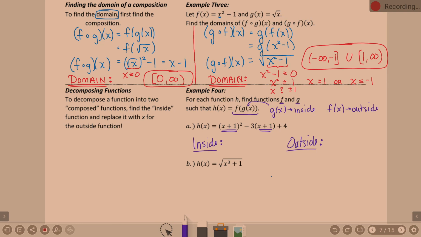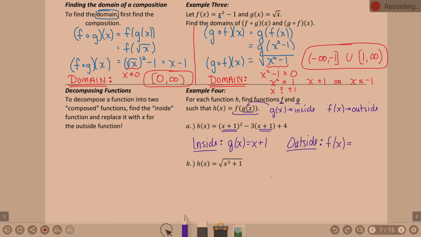Okay, so the idea here, what I would use on the inside, which was going to be our inside, that is g of x in this case, is x plus 1. Now, if g of x is x plus 1, we need to find our outside, which is f of x, and here's the deal.